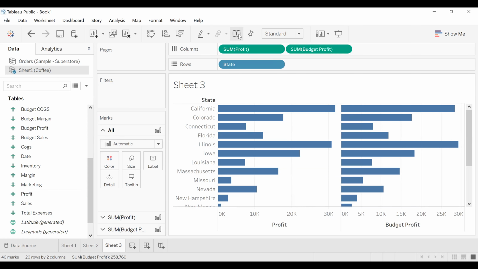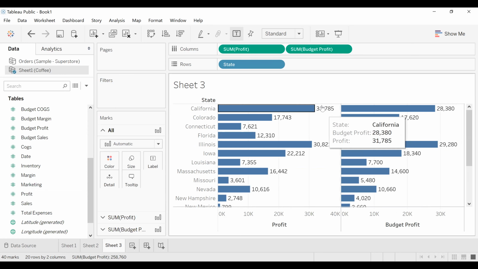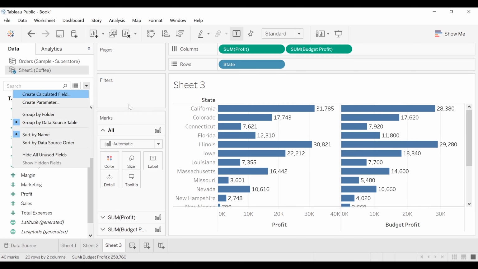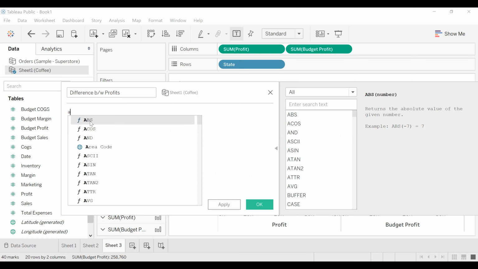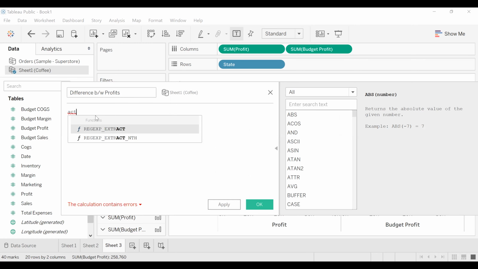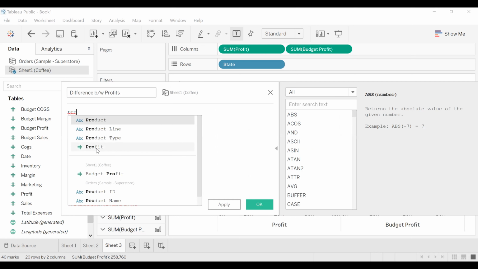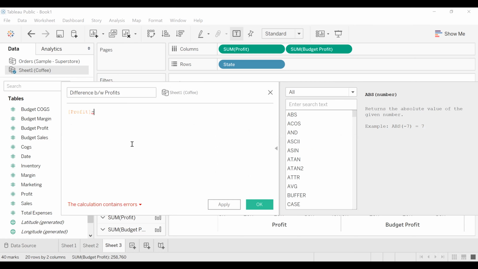Let me show the text labels. Okay, I will create one calculated field which will be a difference: profit minus budget profit.